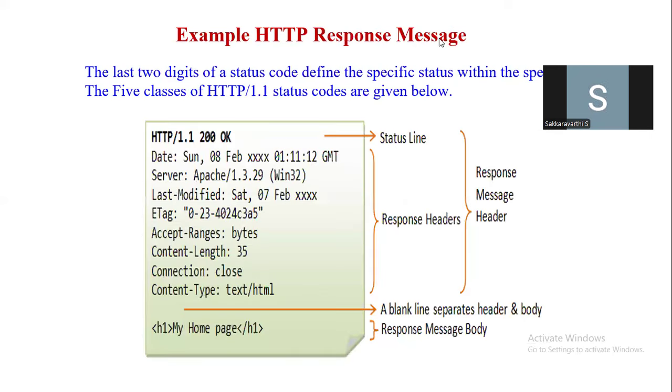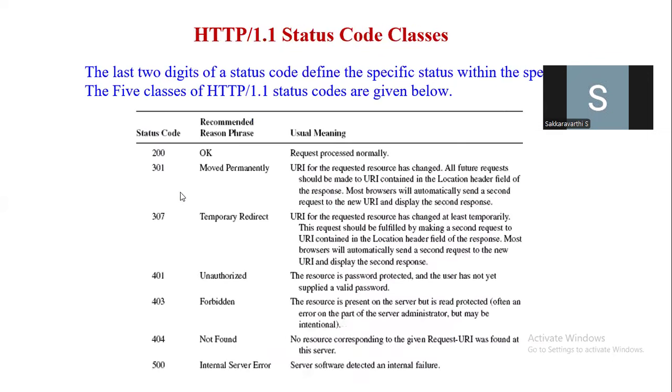Then an example HTTP response message. Here see the status line, which consists of three parts: the version and the status code. Here the status code starts with 2. 2 means there is success. Here the reason phrase is OK. Let's see the first line. There is 200.